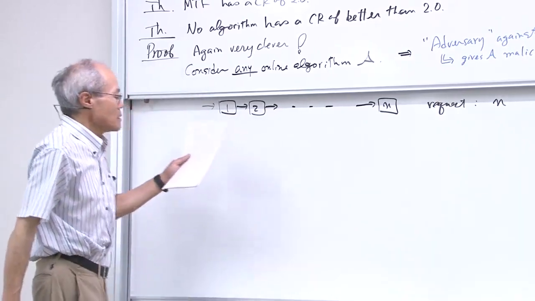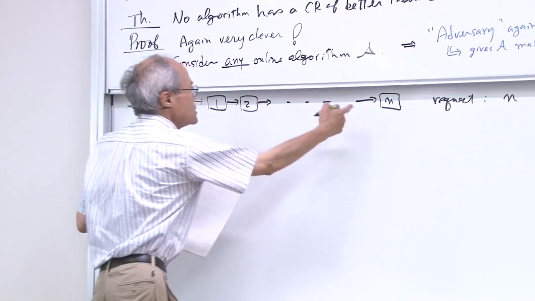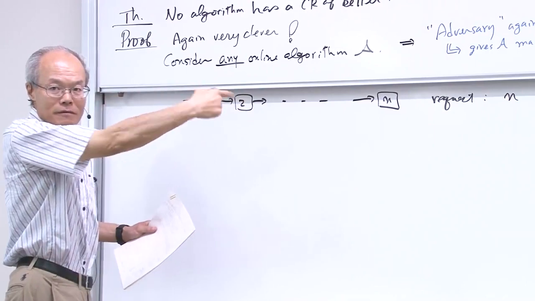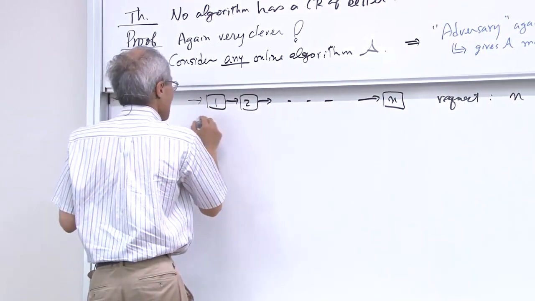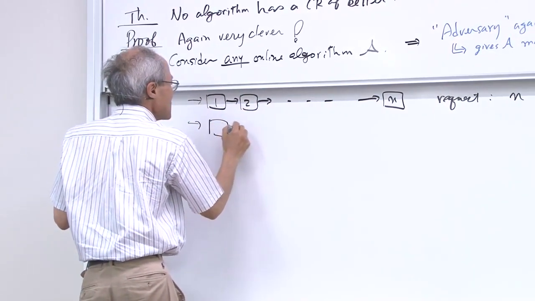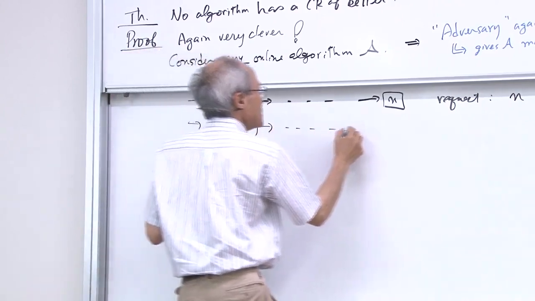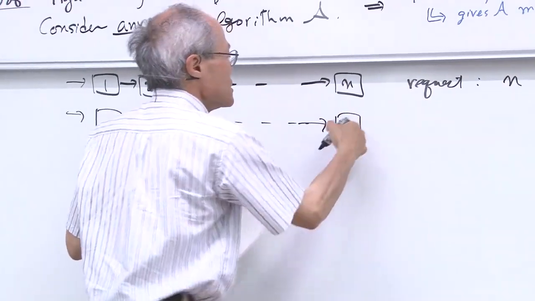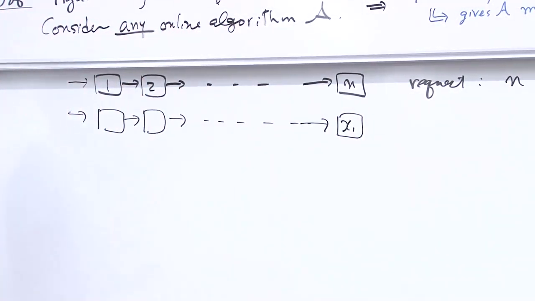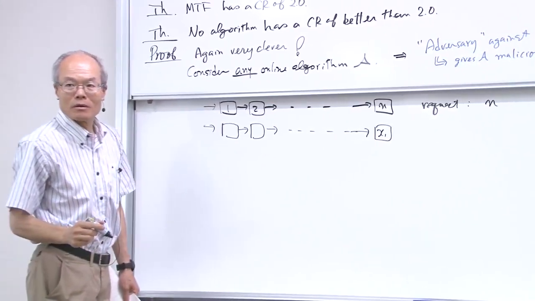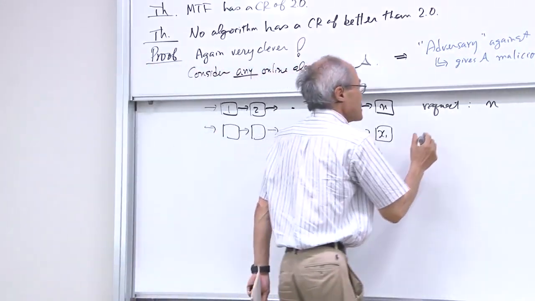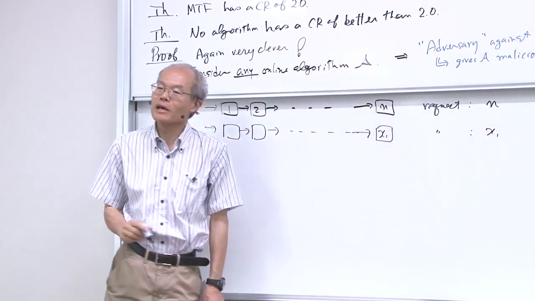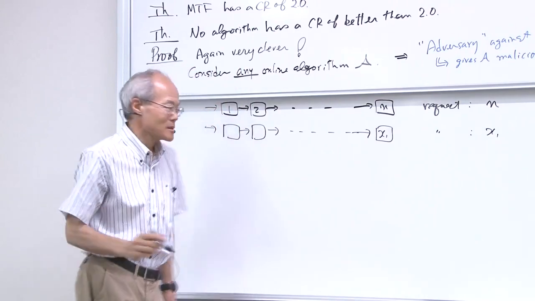Then algorithm A moves this item to the direction of front. So the next is, I don't know, maybe x1, the last item. Which item is this? But again, the request is the last item. Very mean, very malicious.